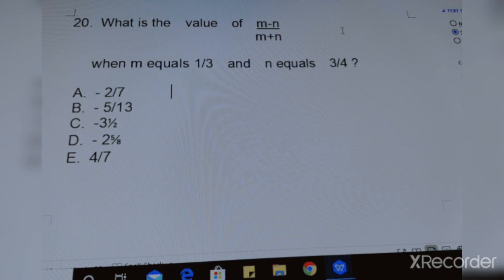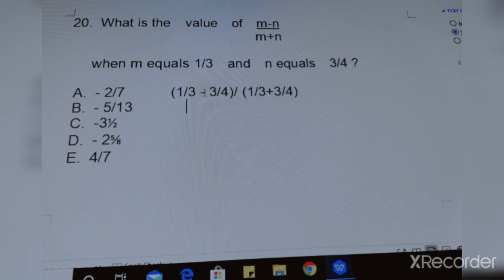So your m is 1/3, then minus n, which is 3/4, enclosed in parentheses, over m, which is 1/3, then plus 3/4.